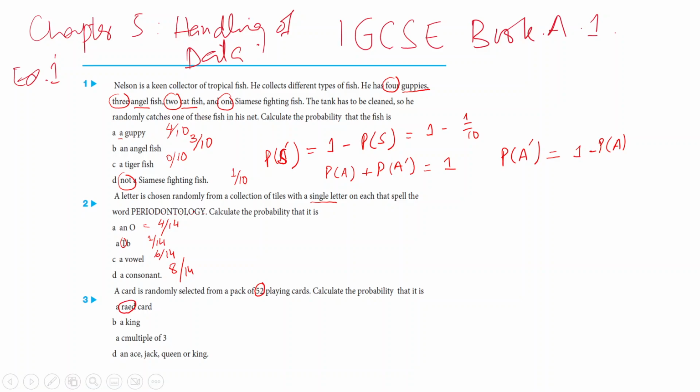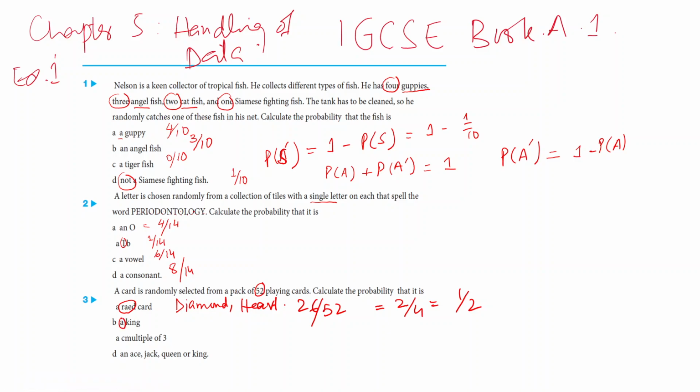There are a total of 26 red cards, because diamonds are red and hearts are red. So 13 each, 26 red cards, and the total number of cards is 52. If you simplify it, it becomes 2 by 4, or you can call it 1 by 2. So there's a half chance of having a red card.